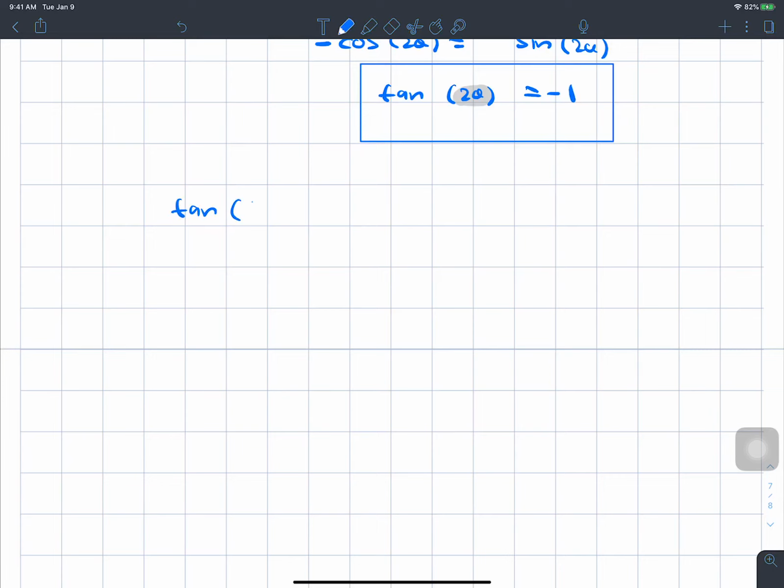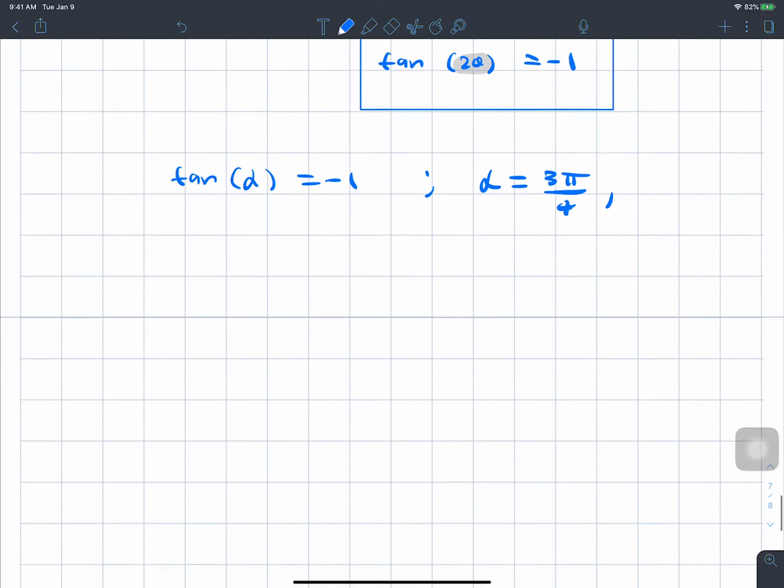Tangent alpha is -1 when alpha is going to be, remember, that's in quadrant 2 and 4. So alpha is going to be 3 pi over 4, and then opposite that, in quadrant 4, you have 7 pi over 4.